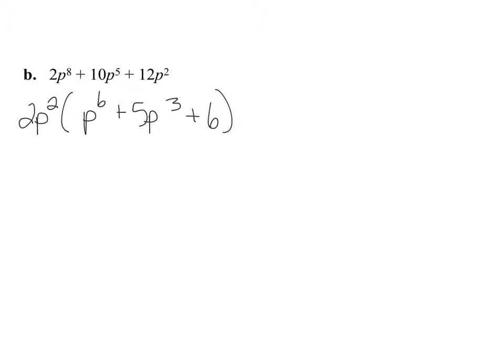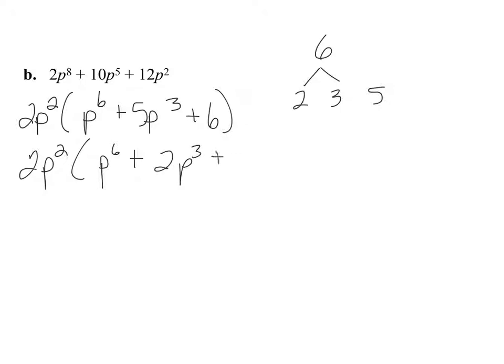So let's look at it. I've got a times c is 6. So I need two things that multiply to 6 and add to 5. 2 times 3 multiplies to 6 and adds to 5. So I can go 2p to the 3rd, 3p to the 3rd, 6.